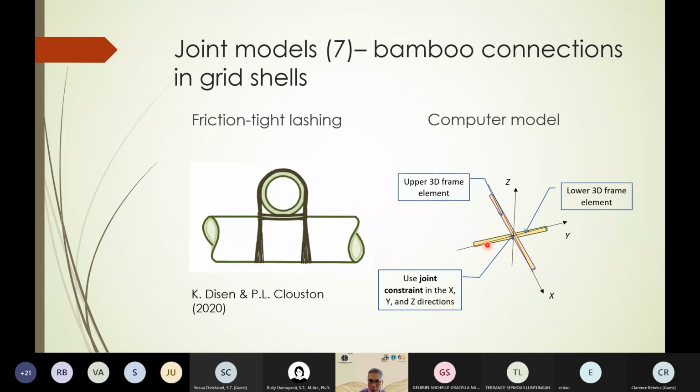So we have two knots here, two joints, and then we use constraints in the X and Y directions. Normally in structural analysis software we have an option to constrain the joints. With these constraints, the joints will move together in both X and Y directions. That's my recommendation for modeling bamboo connections.